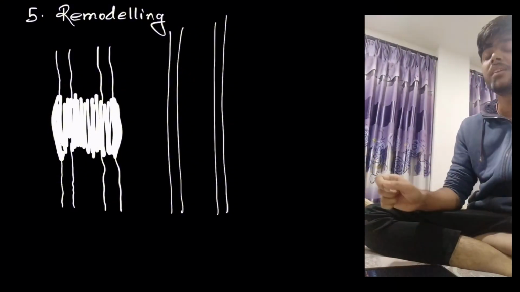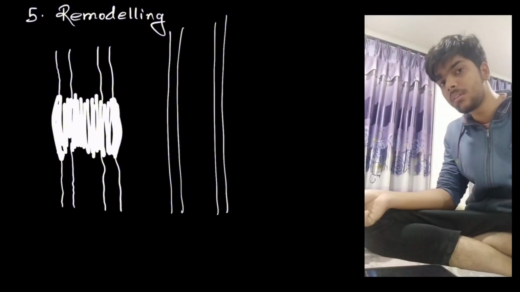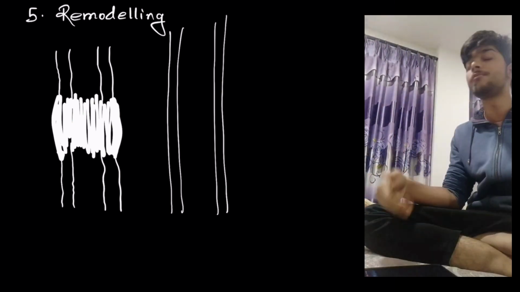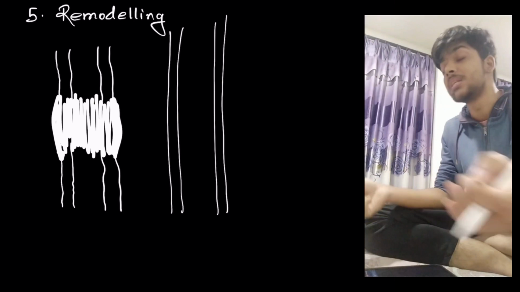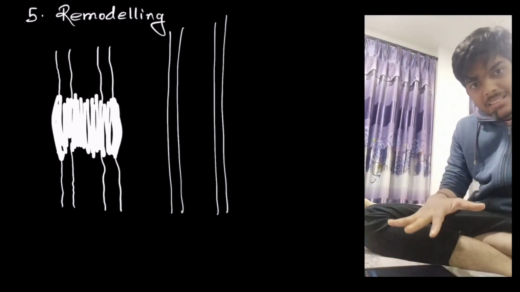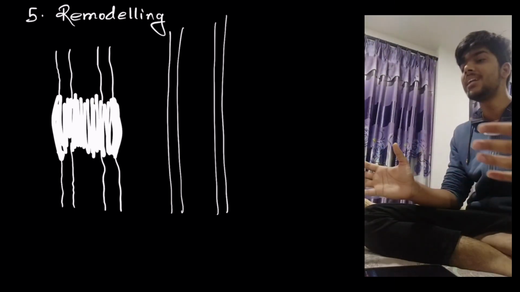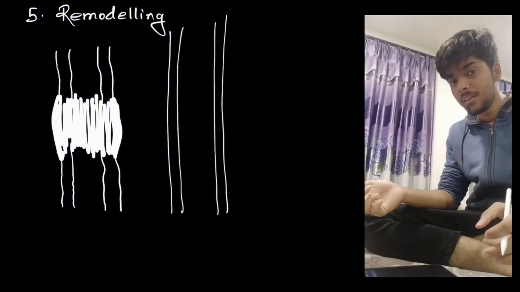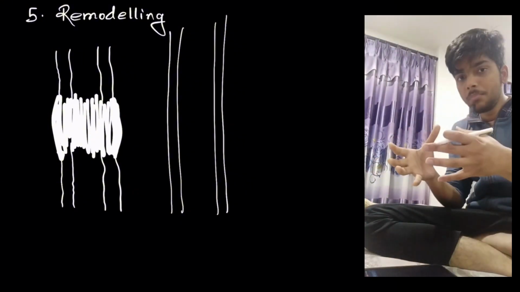That is, there is continuous bone resorption, that is eating up of bone cells, and formation, that is new bone cells are formed. There is osteoclastic and osteoblastic activity taking place at the same time. By osteoclastic, I mean the eating up of the bone.